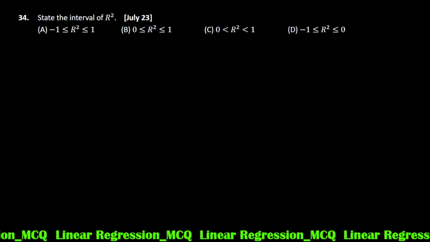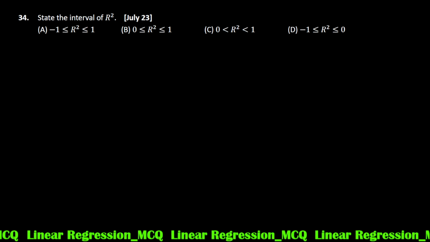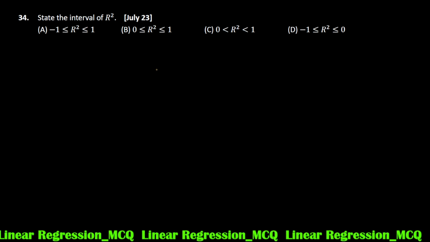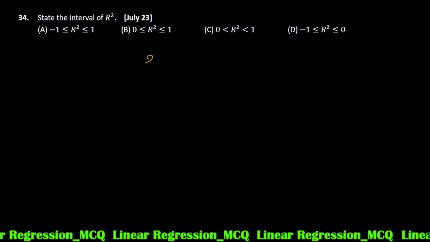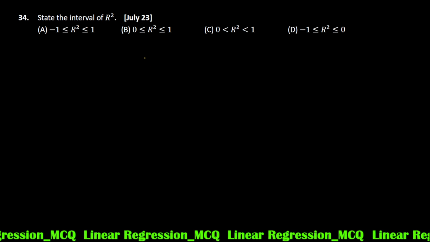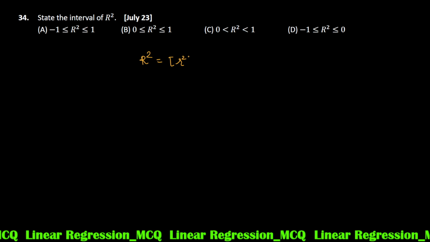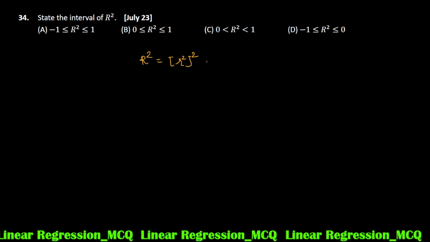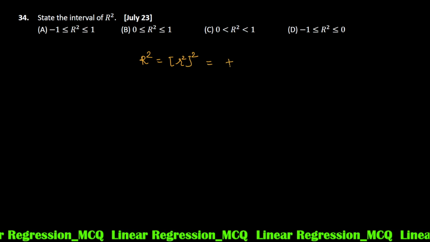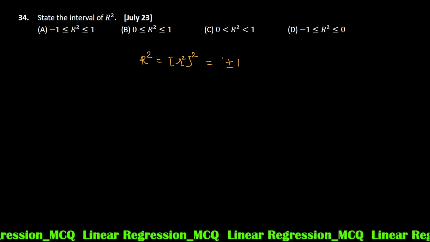Question number 34. What is interval of r square? Okay, see, r square equal to the square of correlation coefficient, and correlation coefficient always lies between -1 and +1.